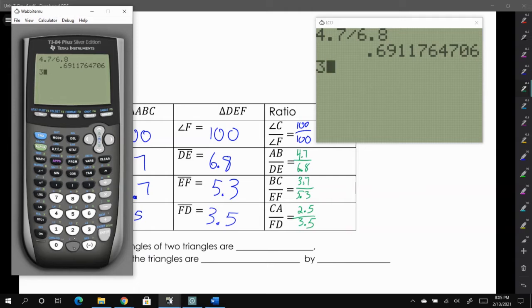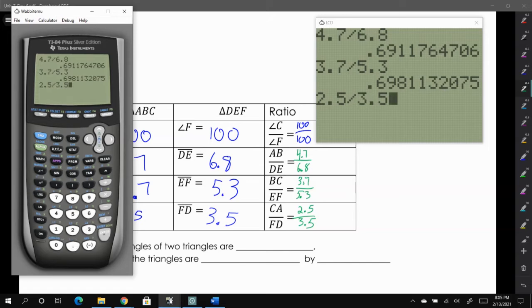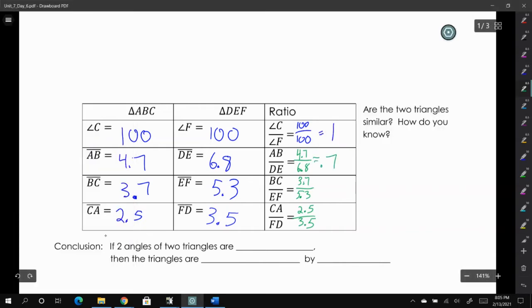When I do 3.7 divided by 5.3, I get 0.698. When I get 2.5 divided by 3.5, I get 0.71. So they were all around 0.7. If we were going to round to the nearest tenth, they would all be 0.7. Yes, they were off a little bit, but they were pretty close to each other. So we're going to say 0.7 for all of them.